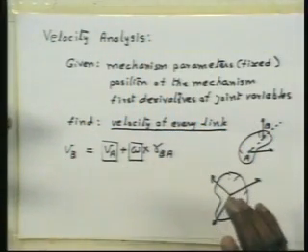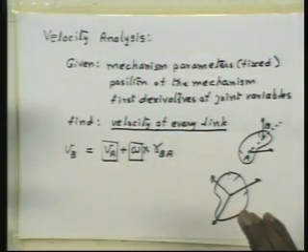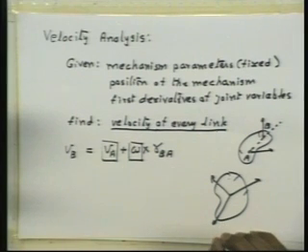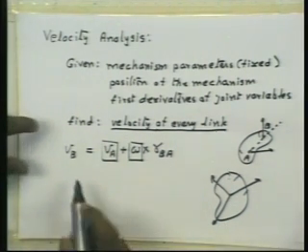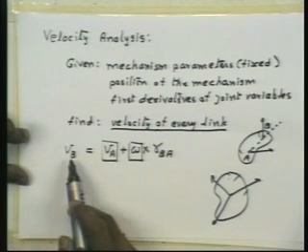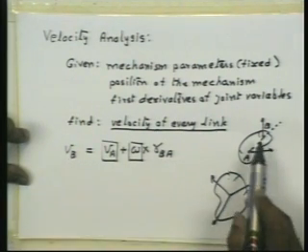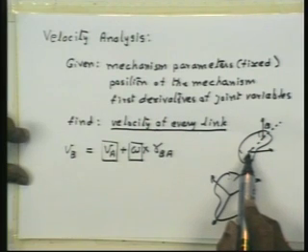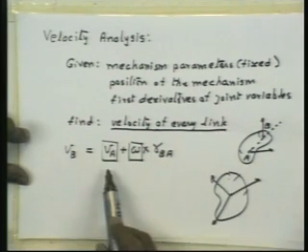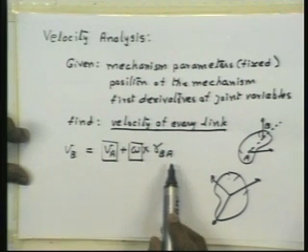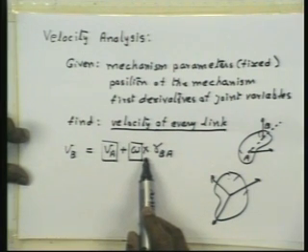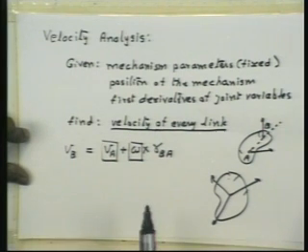Once we have these 6 parameters, we can obtain the linear velocity of any other point on the body using this relation. The linear velocity of any point B on the body can be obtained in terms of the velocity of the point A and the angular velocity using this expression, where this is the vector cross product.